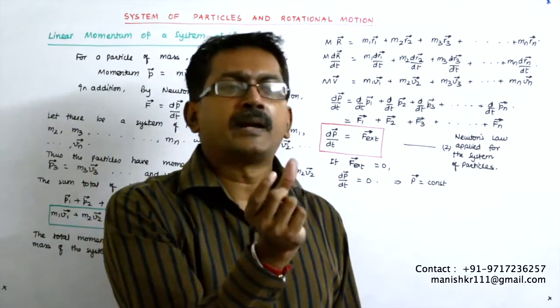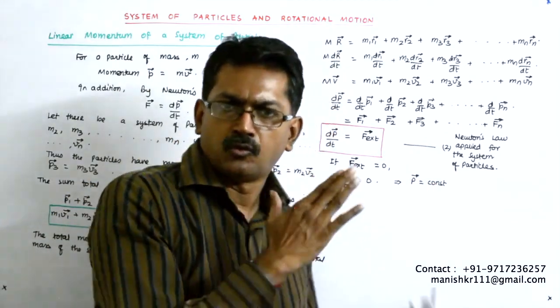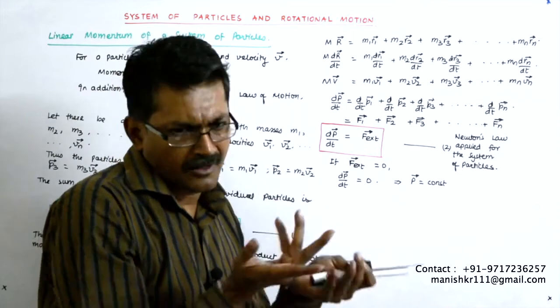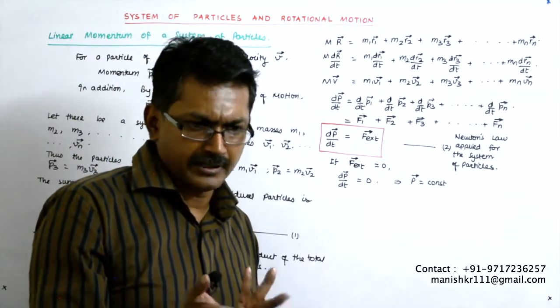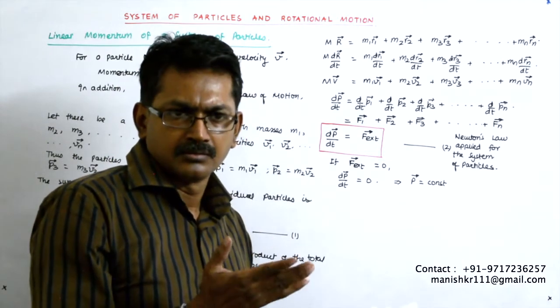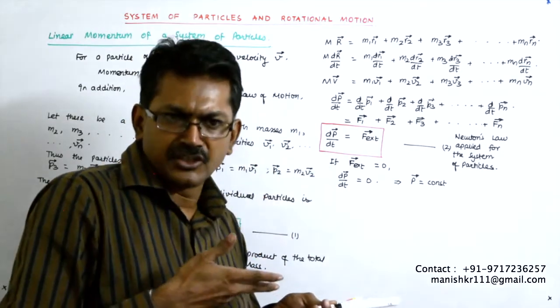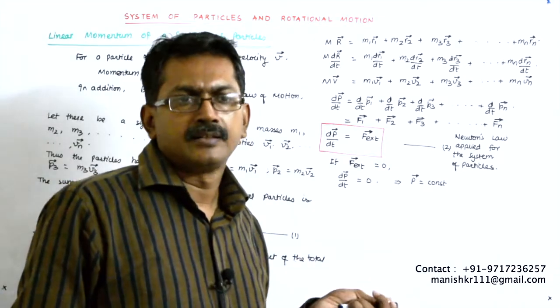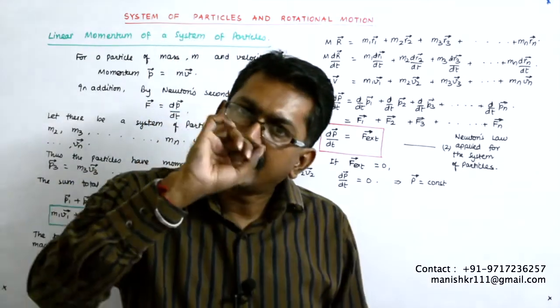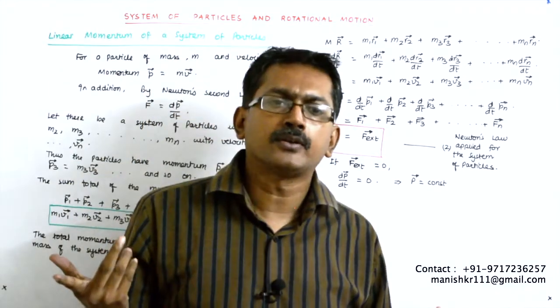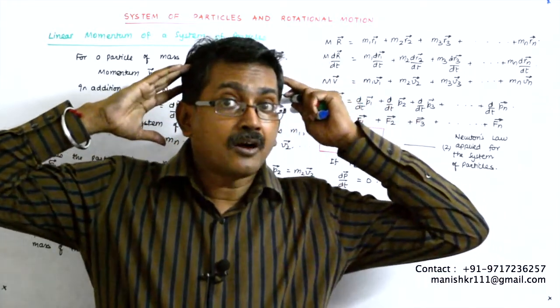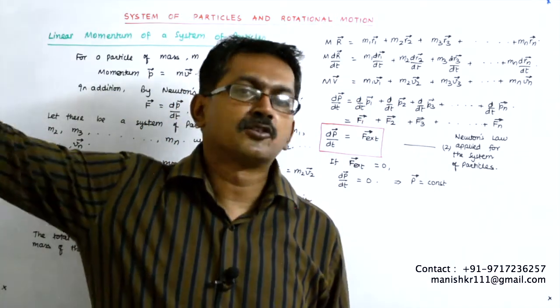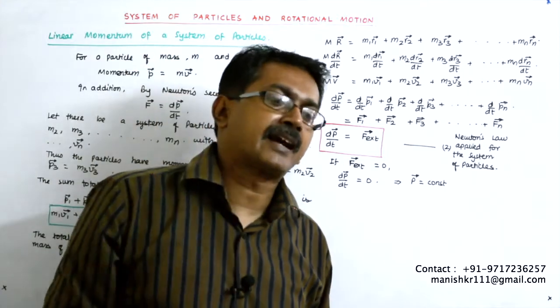At every moment I knew mv. So one mv I subtract from the other. After all, it's a vectorial subtraction that you already know, is it not? Make the negative of the initial, that is reverse its direction, sum it with the second one, you get dp upon dt, and just looking at that one particle, you are aware of the net of the forces that are acting on the system.